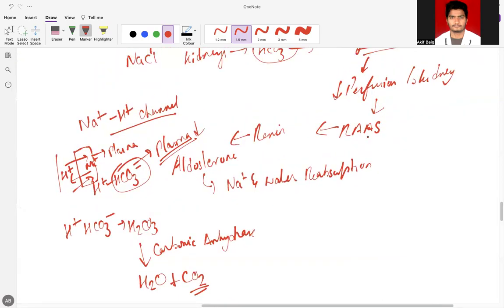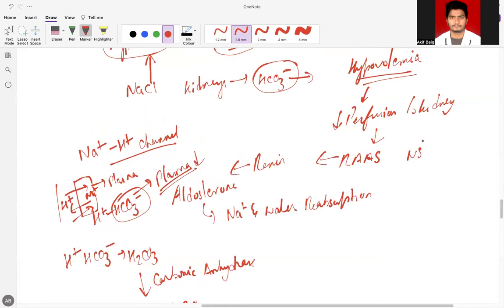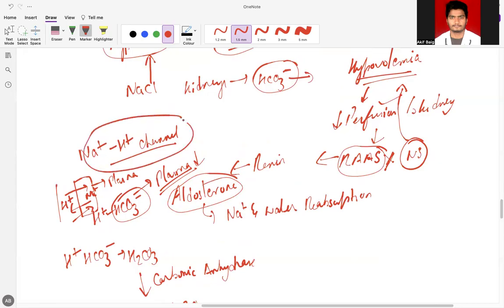Now, if you give normal saline, it will do the correction of hypovolemia. So now perfusion to the kidneys will be improved. So this will inhibit the RAS system. So there is no need for further renin, and thus there will be no need of aldosterone, and thus this sodium plus H plus channel will become ineffective.